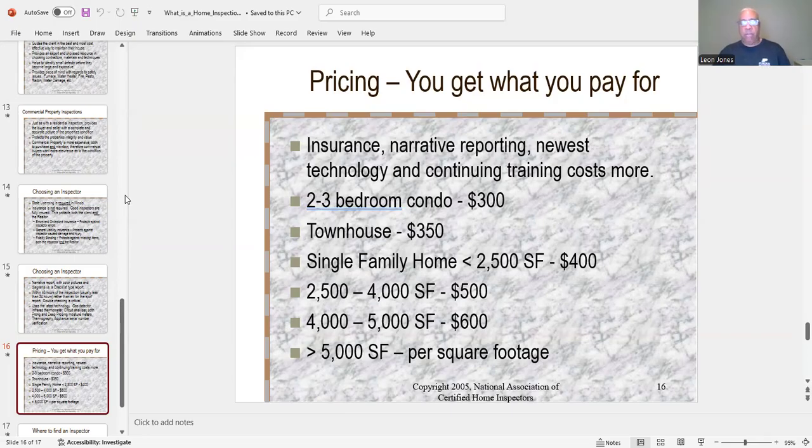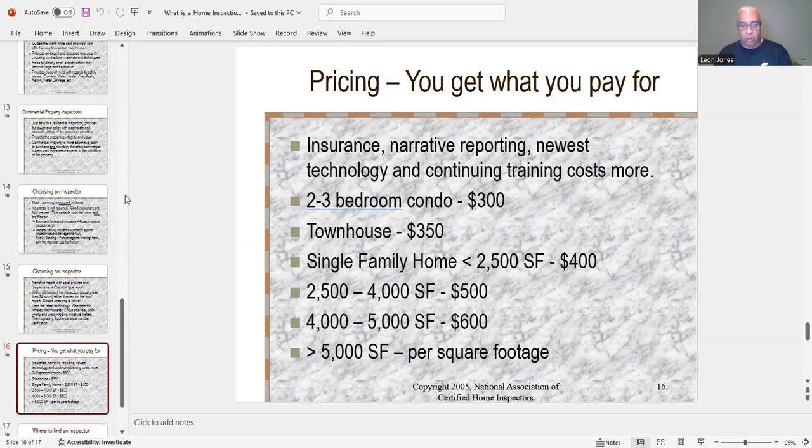Now, basically, you charge by the square foot. So relative to a 2-3 bedroom condo, it's going to be around $300. Townhouse is $350. A single family home, less than 2,500 square feet, is $400. 2,500 to 4,000 square feet is $500. 4,000 to 5,000 square feet, $600.